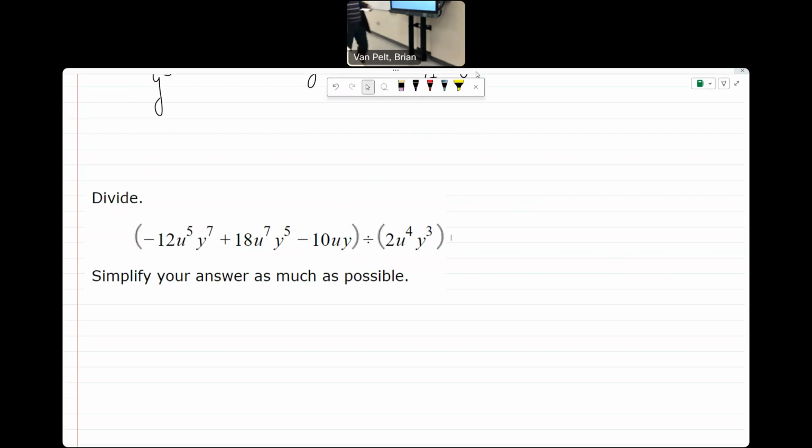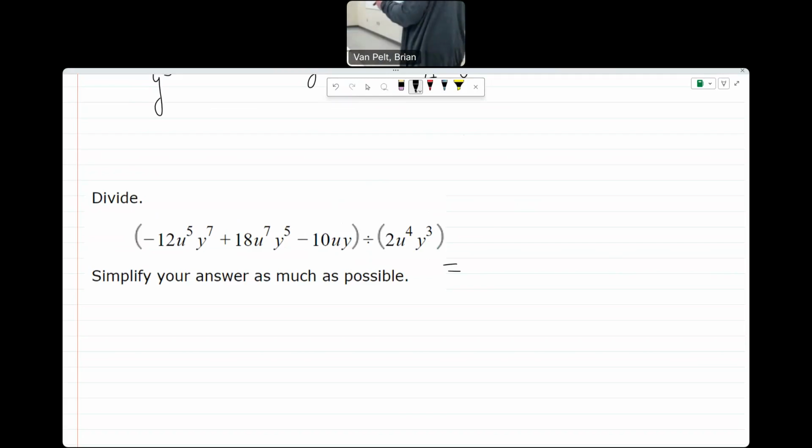Negative 3. Minus 6 u, y to the 4. And 9 u to the 3rd, y to the second.